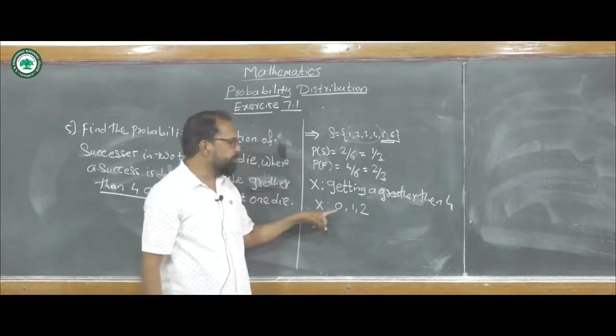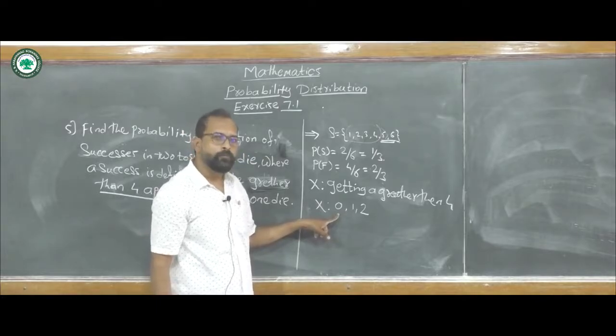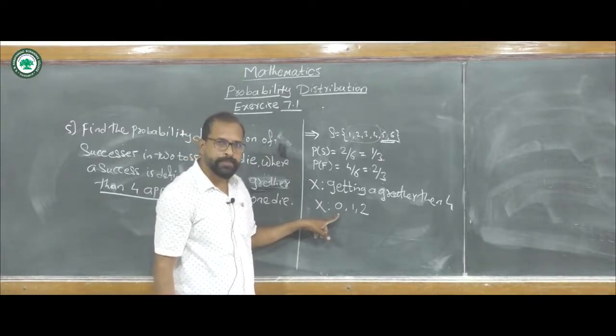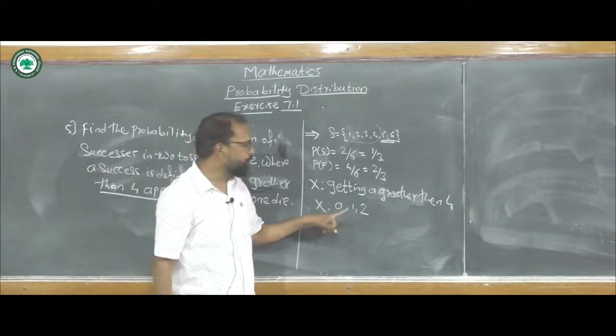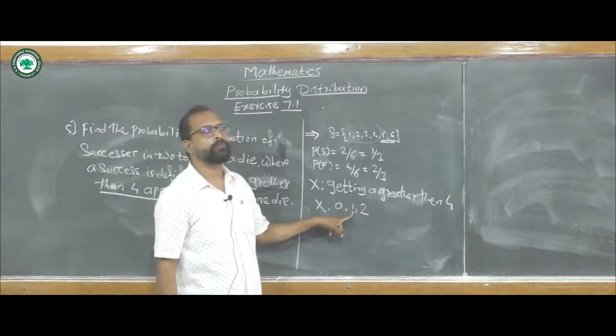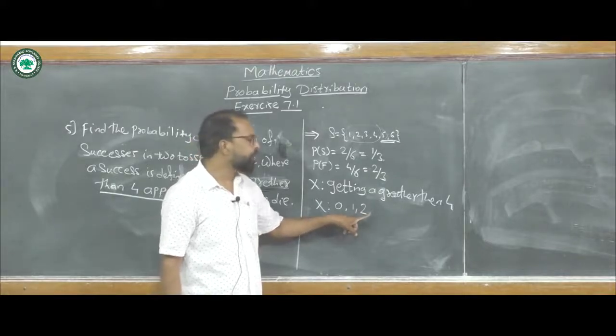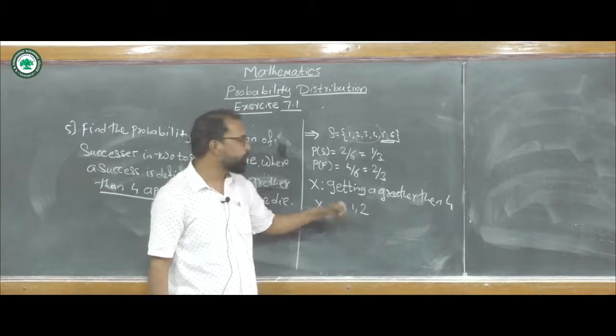Now it means that either we get the number greater than 4 on 0 tosses, neither first nor second toss, or we get it on any one of the tosses, or in both the tosses we get the number greater than 4.